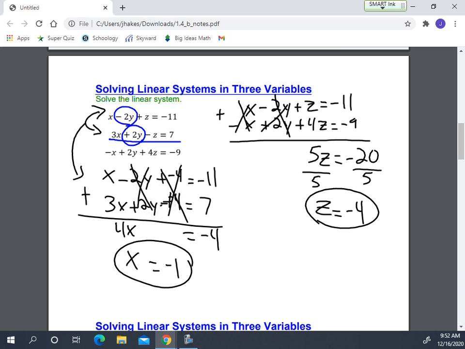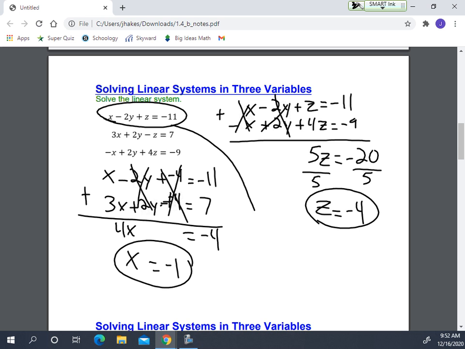It doesn't matter which equation up top we plug our x and z into. Find the easiest one. To me, this first equation is easiest. I'm going to drag that down here and plug my z and my x in. So x is -1: -1 minus 2y plus a -4 is equal to -11.